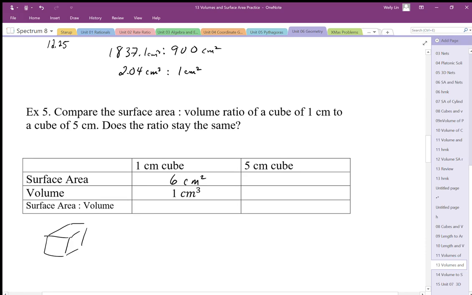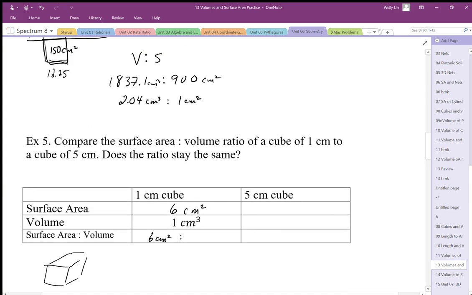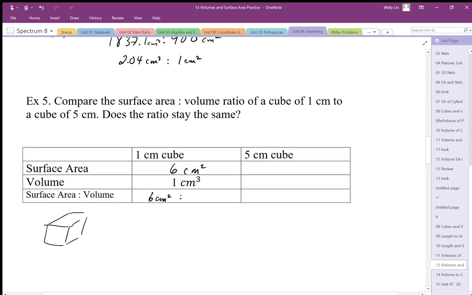And the cube, well, there's only one cube there, so for the surface area to volume ratio, this time I'm going to write the surface area to volume, so surface area of 6 centimeters squared. Okay, the other one was the other way around, the volume to surface area, but the surface area to volume here is going to be 6 centimeter squares for every 1 centimeter cube of volume. Okay, so for 1 cube, there's 6 centimeters squared of surface.